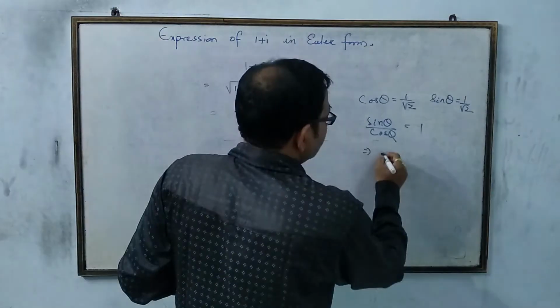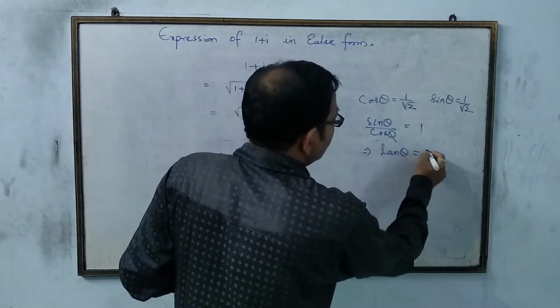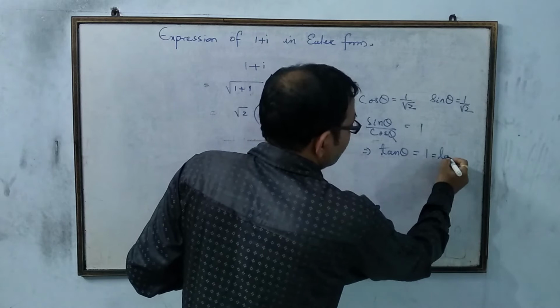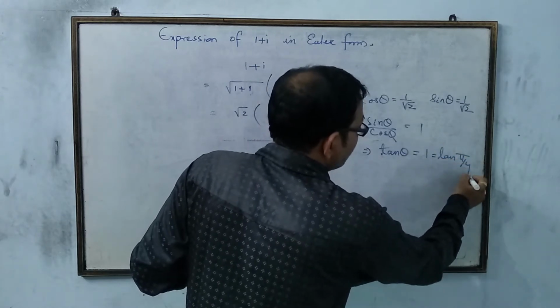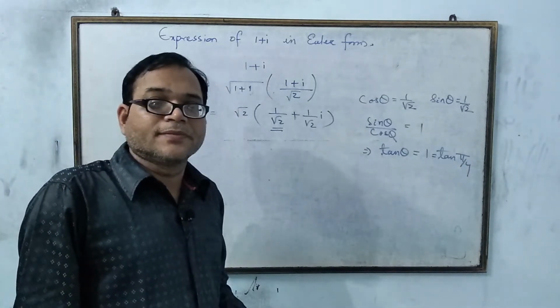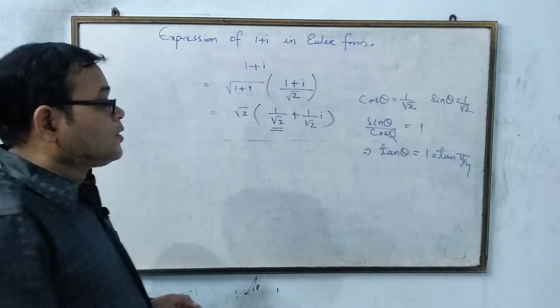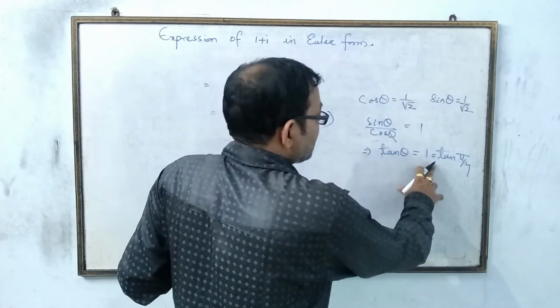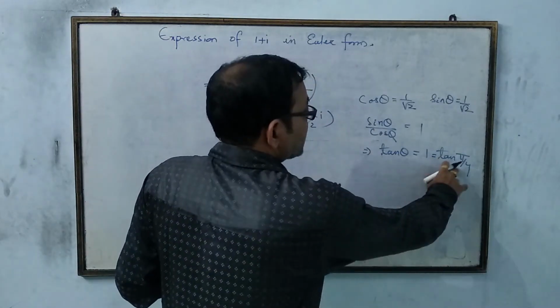This implies tan theta is equal to 1. 1 is equal to tan 45, that is pi by 4. Represent in terms of pi. Tan theta is equal to 1, which is tan pi by 4.